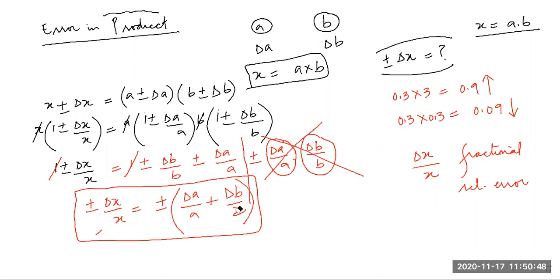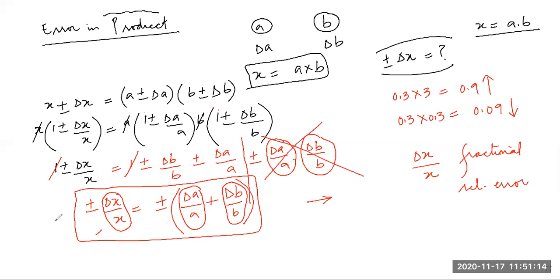It should be delta A by A, then delta B by B. I'm so sorry. So this is the fractional error in the measurement of A, and this is the fractional error in the measurement of B. So what is delta X by X? The fractional error in the calculation of X is equal to the sum of the fractional errors of A and B. Fine. This is also done.